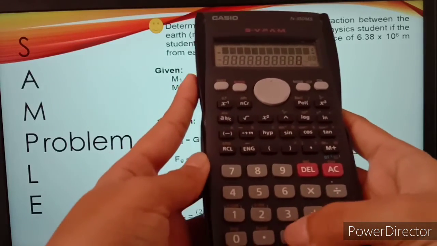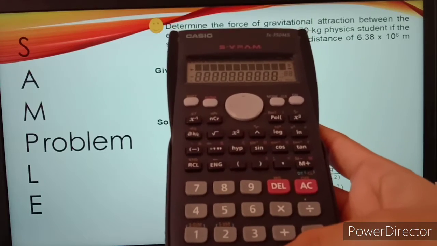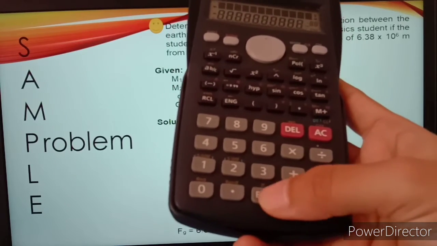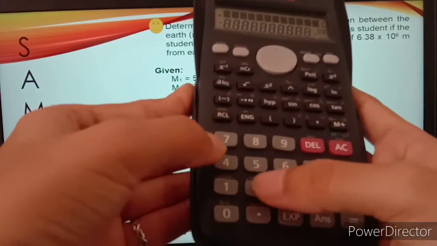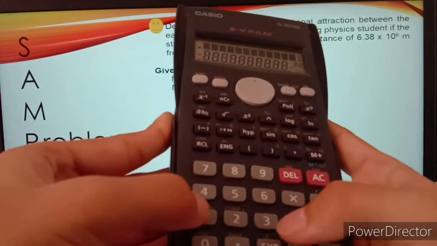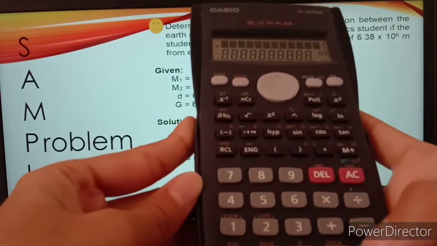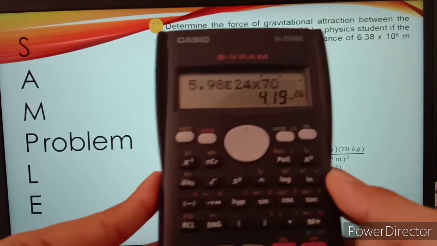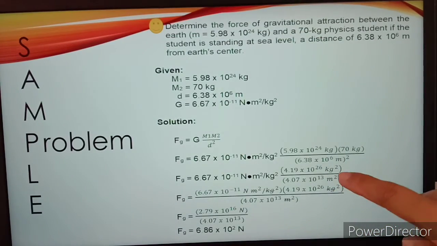Again, in using the calculator, instead of typing times 10, we just click the EXP key. So 5.98 EXP 24 times 70 kilograms. The answer is 4.19 times 10 raised to 26.